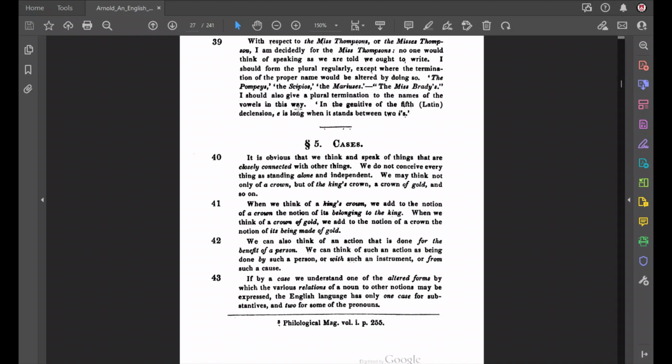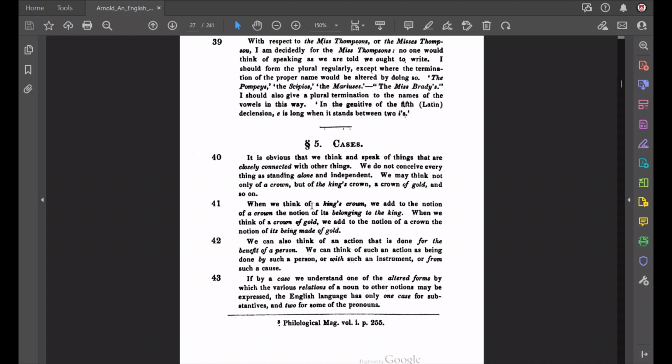And we said in English, if we're talking about changing of forms, there's really only one case that changes form. And we'll see that that's not very common in English, even though that's normal in Latin and Greek.